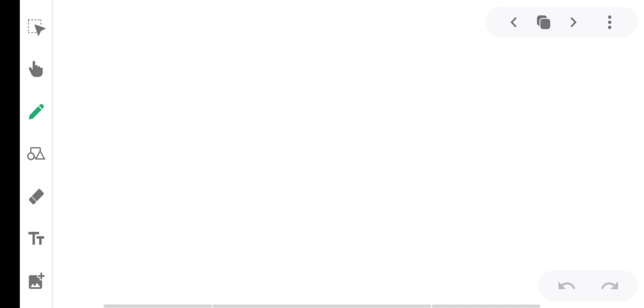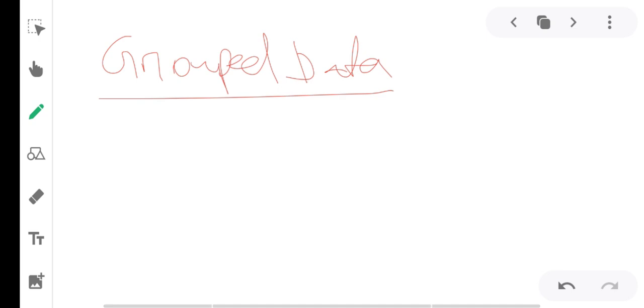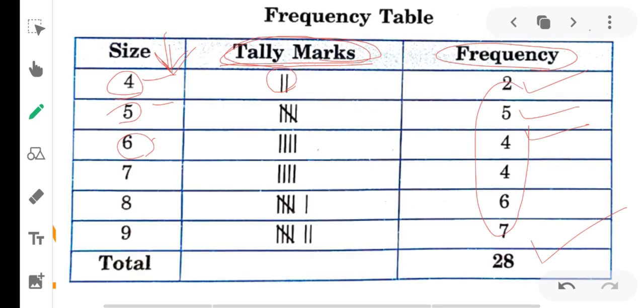Grouped data. Grouped data means when the data is very large. Here the number of shoes is 28.